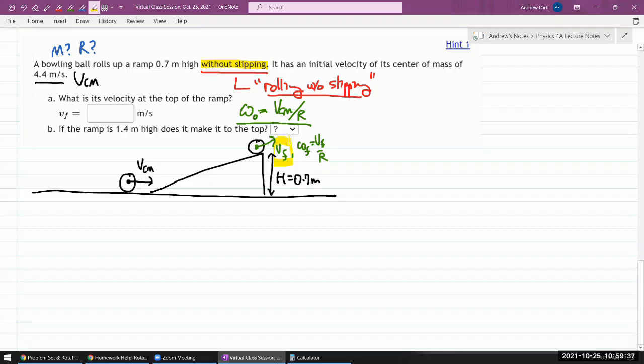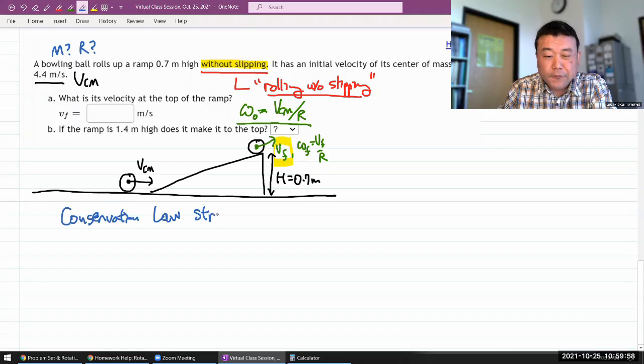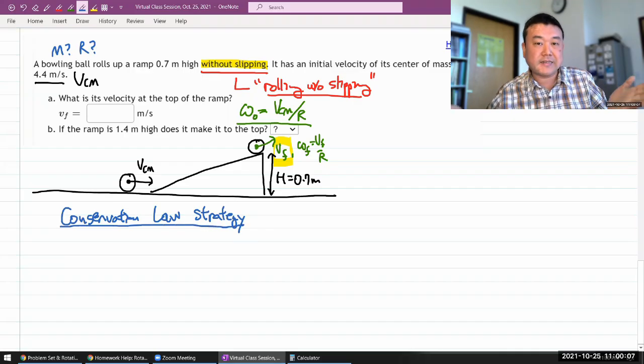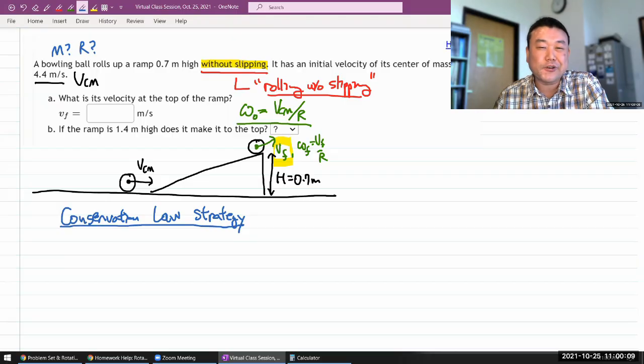And as you stare at this situation, I hope you are thinking through what problem-solving strategy you can use. And I hope one of the first strategies that you will consider is conservation law strategy. If for no other reason, you should consider it because conservation laws are the easiest problem-solving strategy to apply.